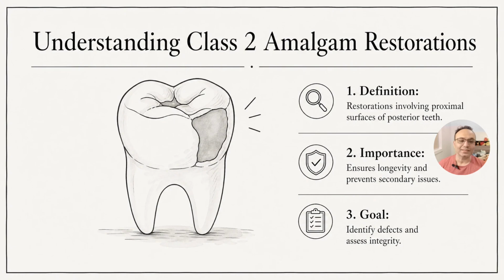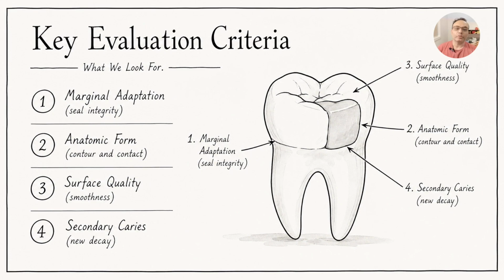Now, the key evaluation criteria that are involved is how the restoration is adapted around the margins, which means whether the seal is intact or not, because that's where the penetration of food and oral fluids could occur. How does the restoration function?